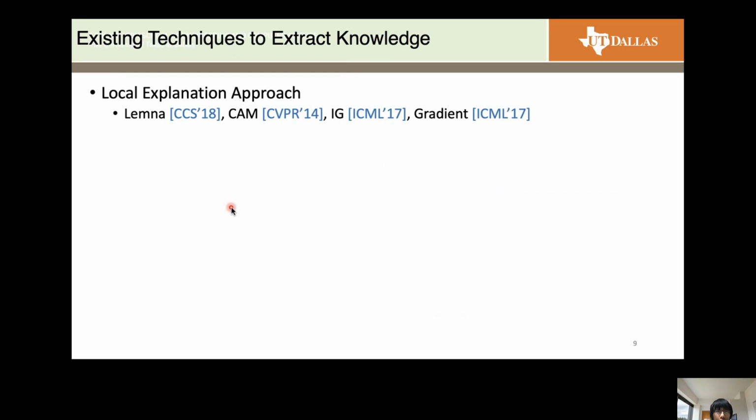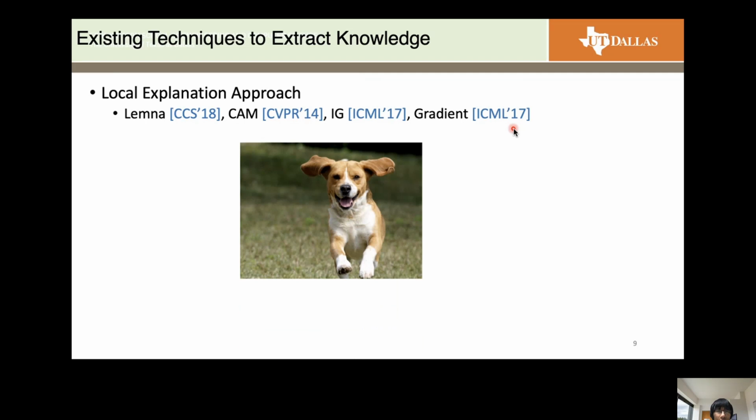Okay, next I will introduce why the existing work cannot achieve the rule extraction. The existing work can be categorized as local explanation approach and global explanation approach. For local explanation approach like LIME, CAM, IG, and gradient, the mechanism is to identify the features for one specific input which have a highest gradient to the final results.